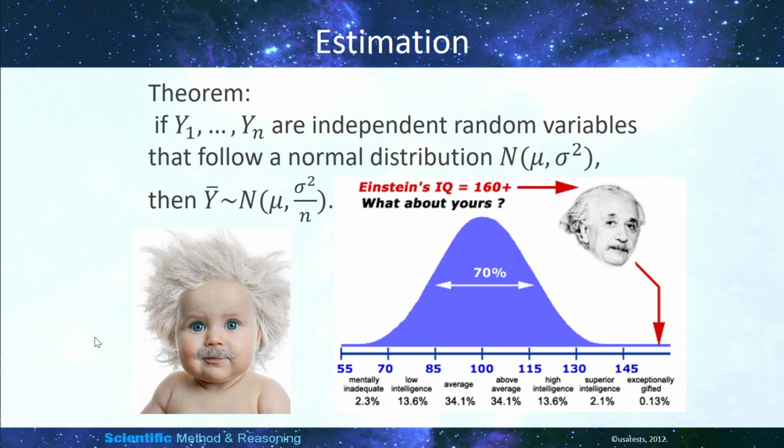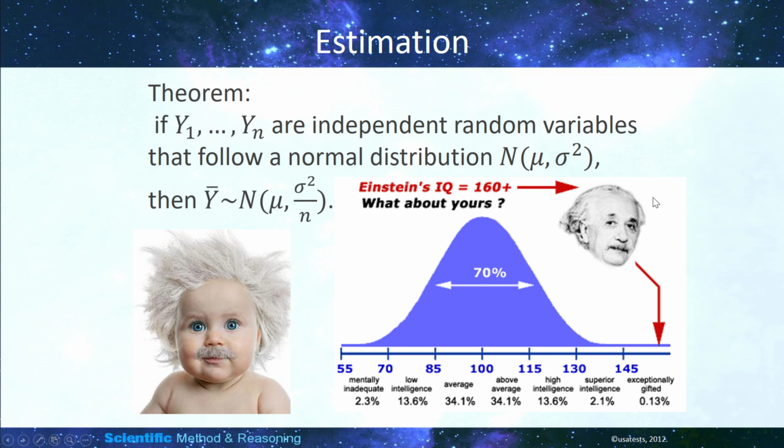The theorem says if y1 up to yn are independent random variables that follow a normal distribution, that is, observations from a normal distribution with mean mu and variance sigma square, then the sample mean also follows a normal distribution with the same mean mu and variance sigma square over n.